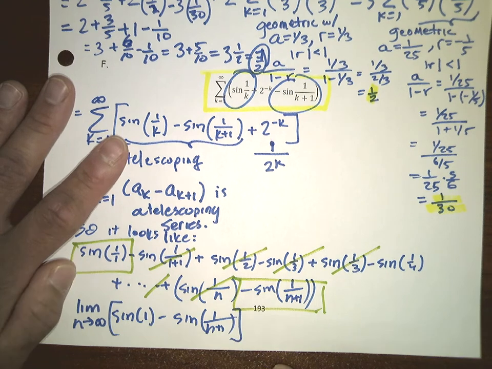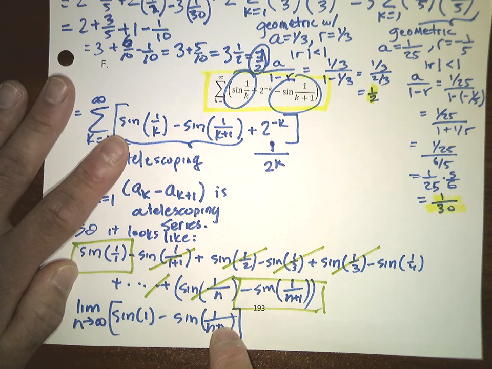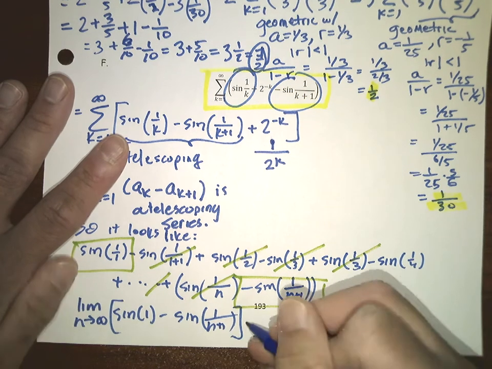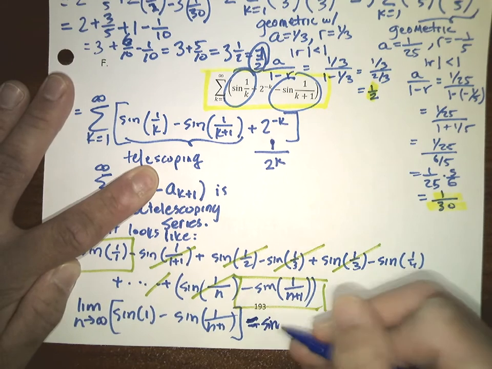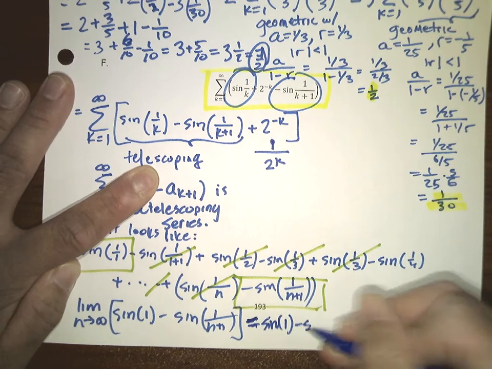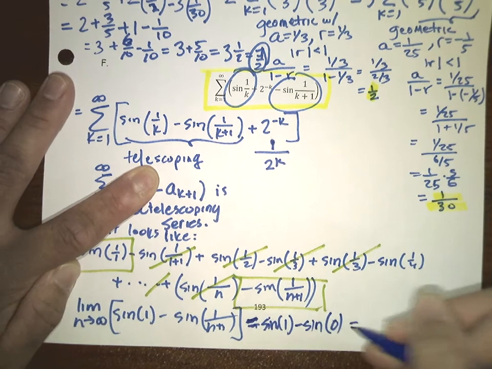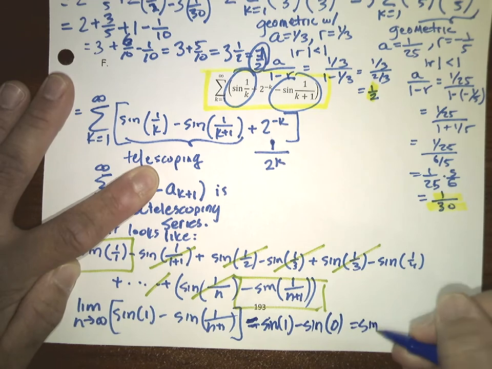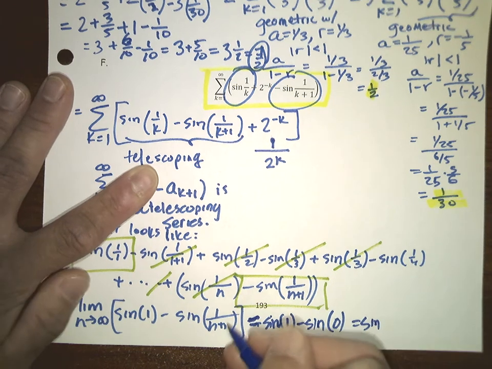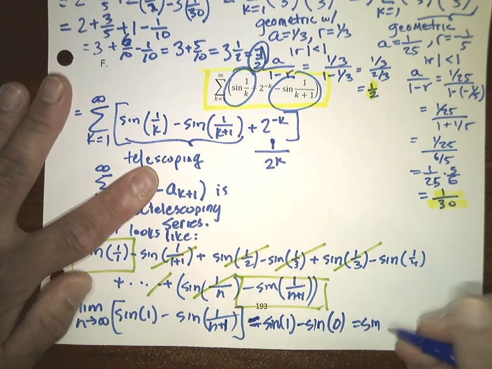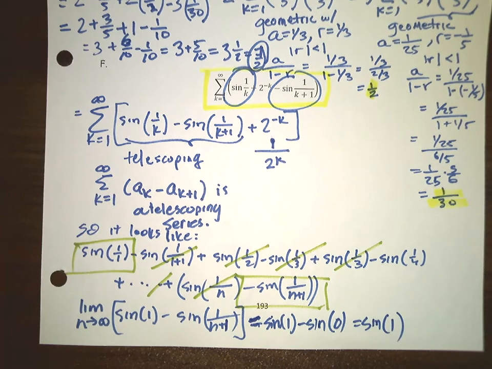So this ends up being sine of 1 minus sine of 0. Did I say 1? No. Wait a second. Yeah, 1 over this large number is 0. So it's sine of 1. All right, there we go.